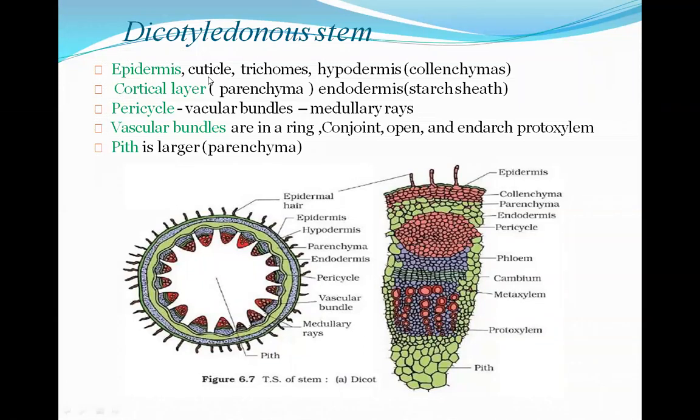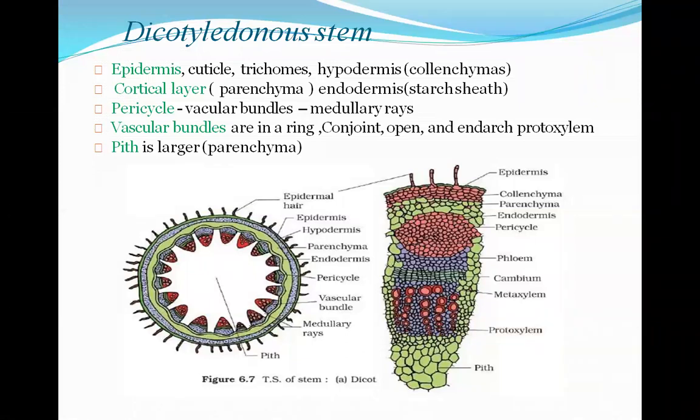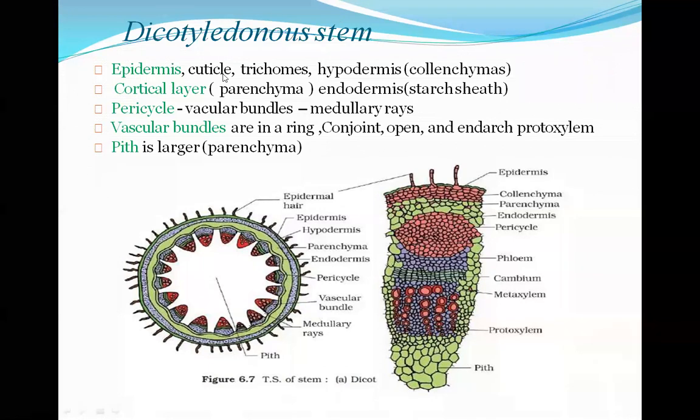This cuticle also performs a function when there is an adverse or unfavorable condition: it prevents the plant body from releasing out water. That means the transpiration taking place from the leaves will be limited. So through the cuticle there is less loss of water.